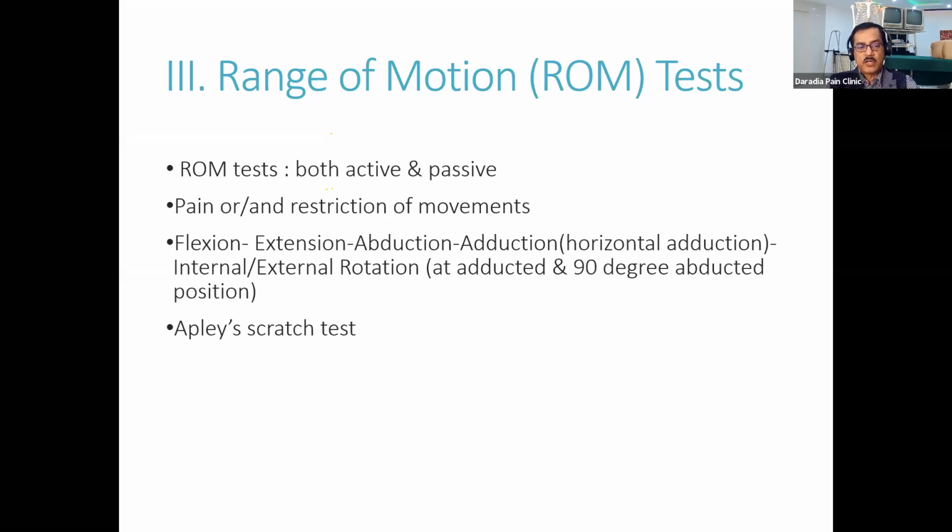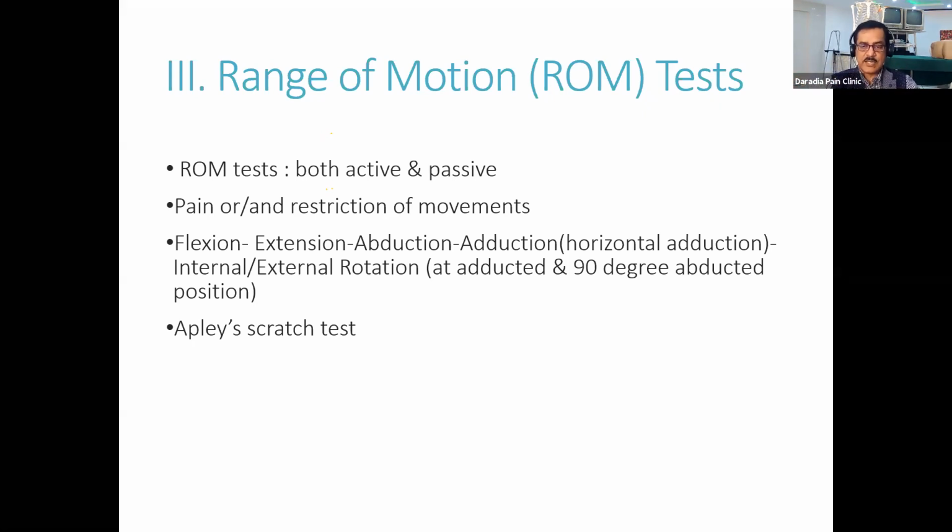So what are the different kinds of movement? One is your flexion extension, and abduction adduction. Flexion extension also in the horizontal positions, meaning after you abduct it 90 degrees, then also flexion extension.